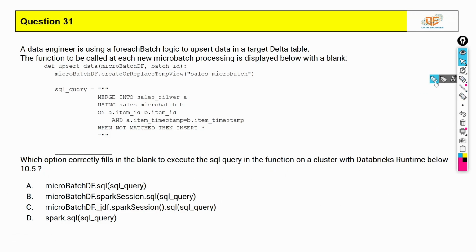The key feature is below 10.5. If the runtime is below 10.5, then we have to use option C. If the runtime is above 10.5, then we have to use this other one. It's just a version update, so you can easily mimic this question. The answer is going to be D.